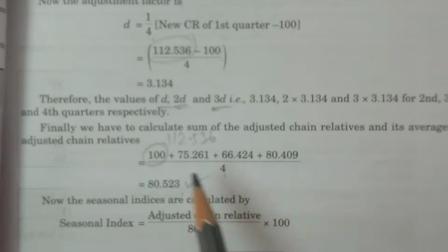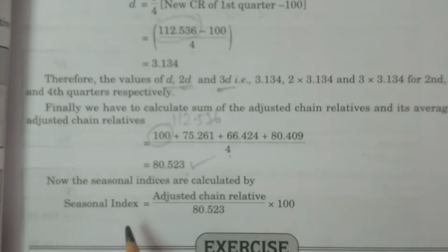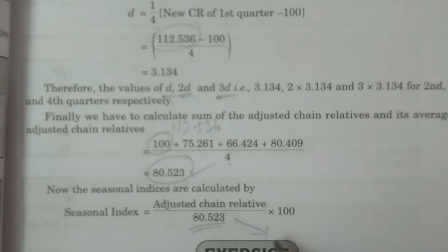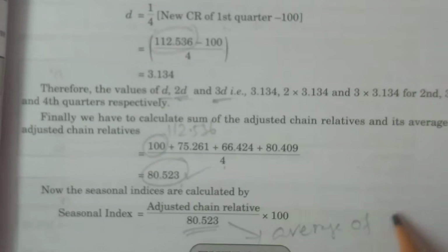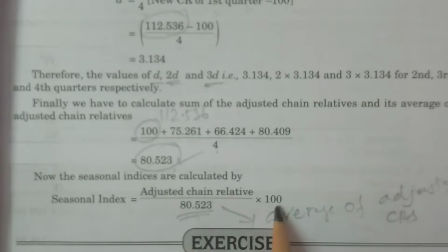And then the seasonal index number is calculated by another formula: the adjusted chain relative divided by 80.523, that is the average of adjusted CRs, multiplied by 100.